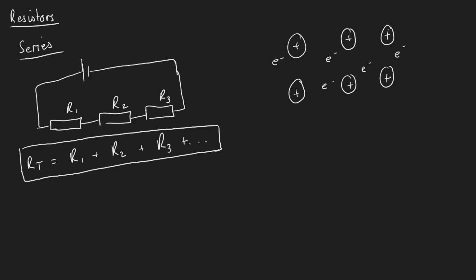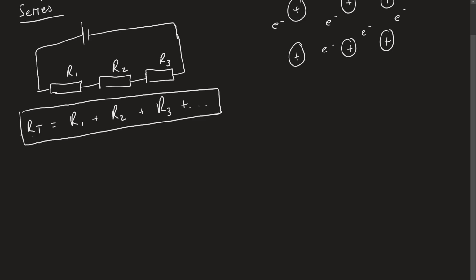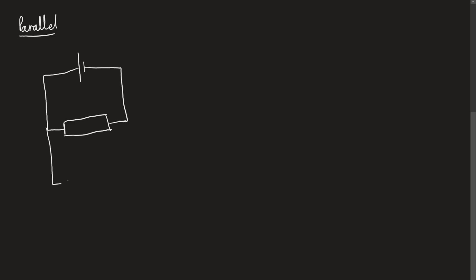Now in parallel it gets a little bit more complicated. This equation is in your formula sheet, so you won't have to memorize it, even though it's really easy. But in parallel, if we think about the probability of the collisions, we're actually providing more options for the electrons to take. I'm just going to do 2 here, but you could go to 3 or 4 or infinite, however many you like.